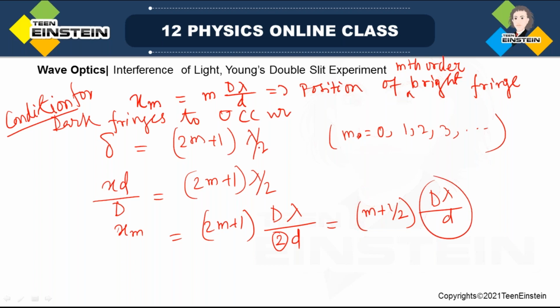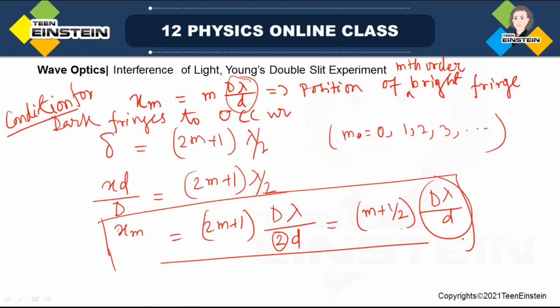So this you know already, D lambda by d. It is common for both the cases. And here actually m plus half, and here is m. So this gives the position of the m-th order dark fringe. Okay, m-th order dark fringe.